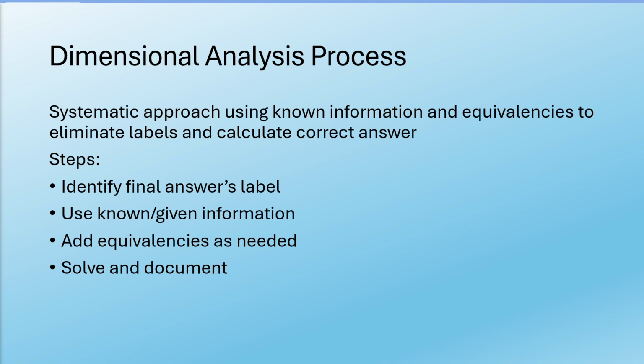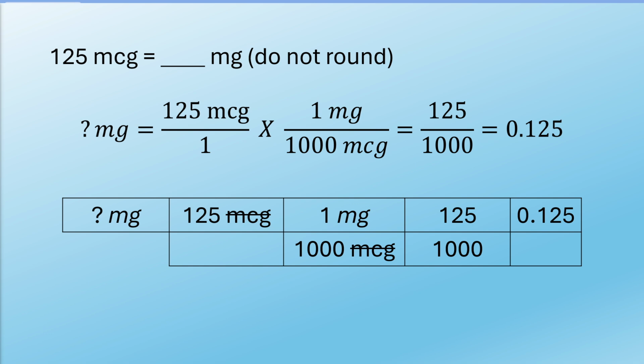So we'll look at a couple problems and talk about a couple different ways of setting it up. In this case, the problem is an equivalency problem. It's 125 micrograms is equal to how many milligrams? Again, you'll notice here it says do not round.